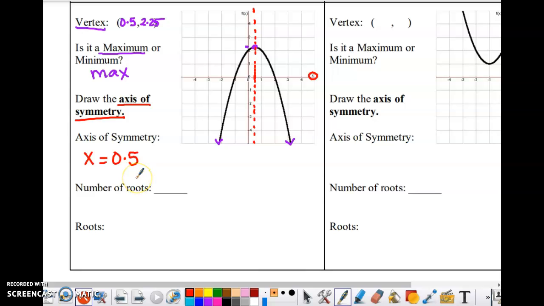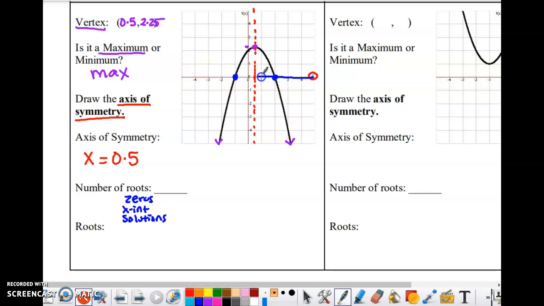Okay? How many roots are there? How many zeros? How many x-intercepts? How many solutions do you see here? 1, 2. Remember, it has to cross the x-axis.